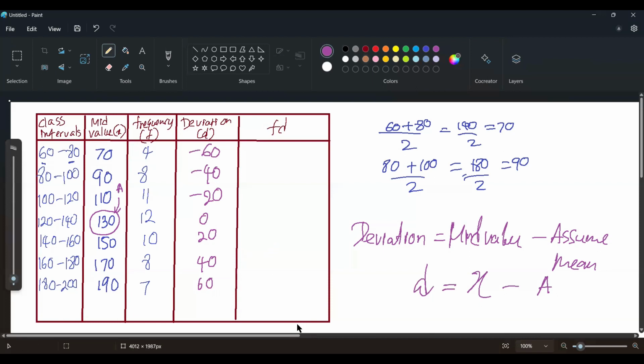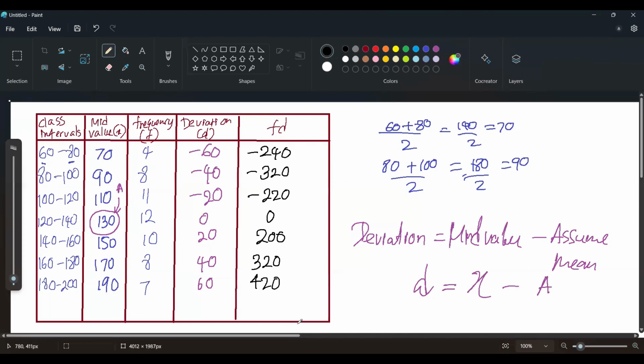And finally, fd means multiplication of these two. Multiply them. 4 into 60 is 240, but it is minus. 8 into 40 is 320, but it is minus. 11 into 20 is 220, minus. 0 times anything is 0. 10 into 20 is 200. 8 into 40 is 320. 7 into 60 is 420.